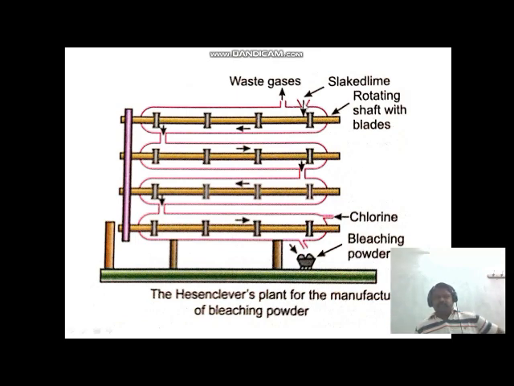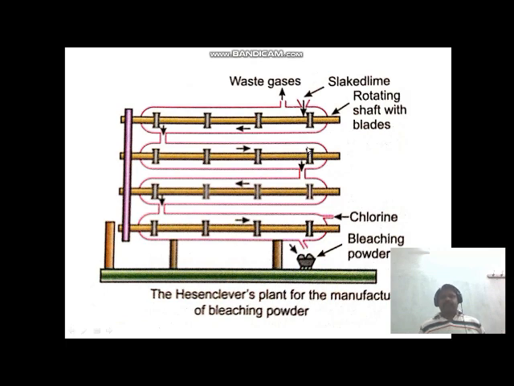See here, one opening end is present. In this opening end, the slake lime will be placed, the powder state of slake lime. Now the slake lime falls on this shaft, and when the shaft is rotating, the slake lime rotates on this shaft and afterwards falls into the second cylinder.